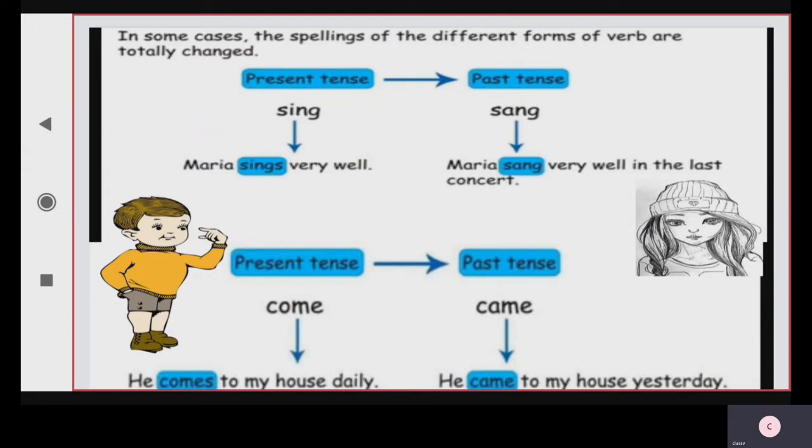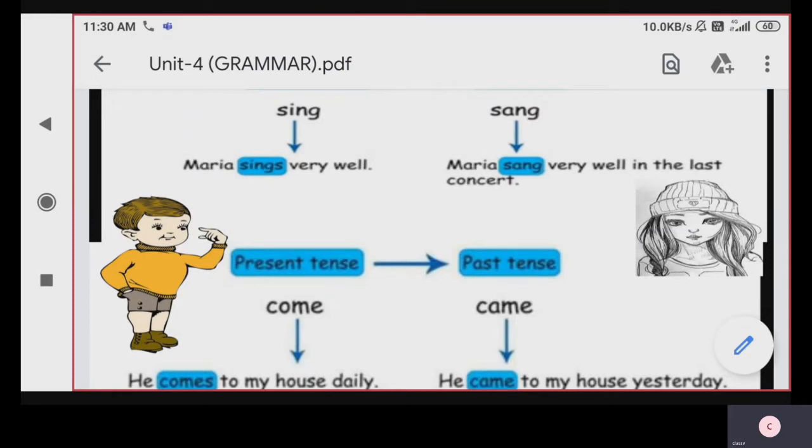Next, come and came. He comes to my house daily. Here, the word comes is in present tense. He came to my house yesterday. Here, the verb came is in past tense.